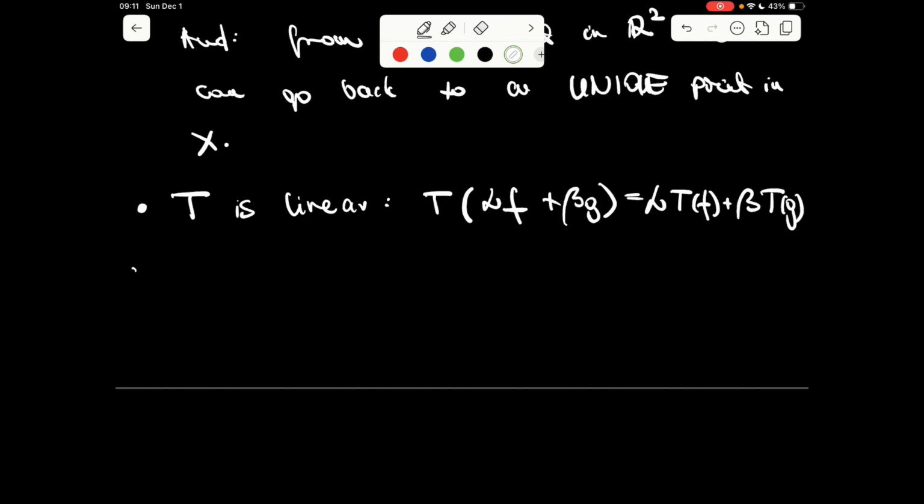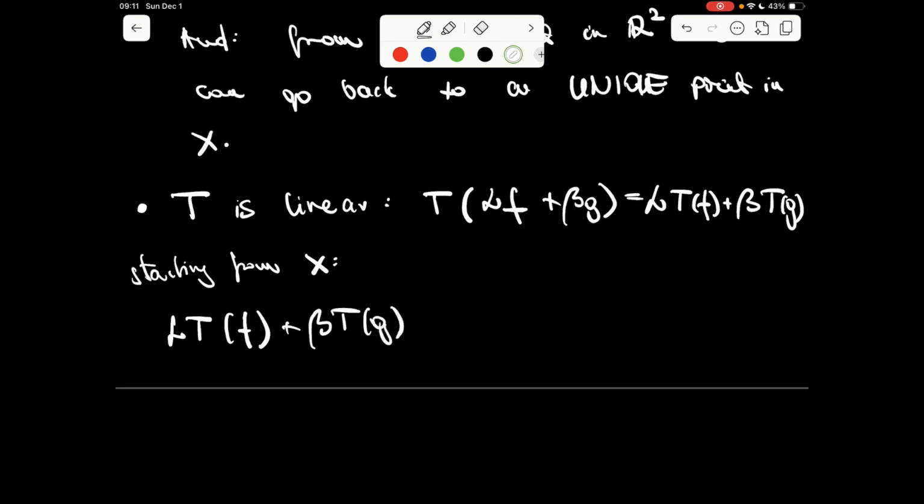Starting from X, let's say this is supposed to be F, alpha F plus beta times G, and it means that we have 2 points in R squared.